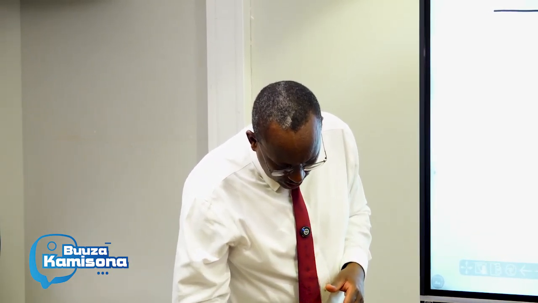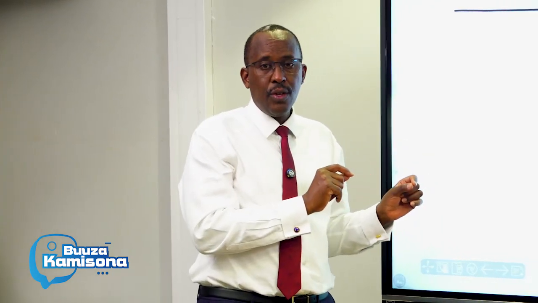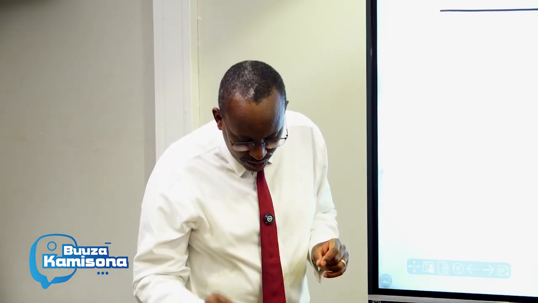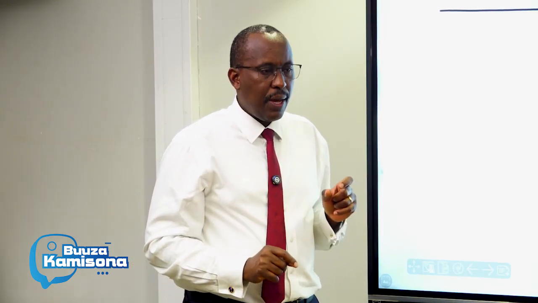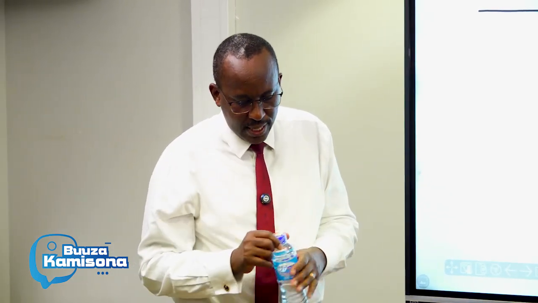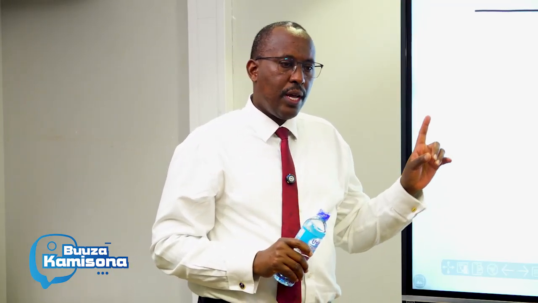Now, excise duty is either paid as a percentage of the cost of the item, which is called ad valorem, or as a specific amount. A specific amount as in the charge of local excise duty is 50 shillings per litre of water. That's a fixed amount. Or as a percentage, it is 10%.